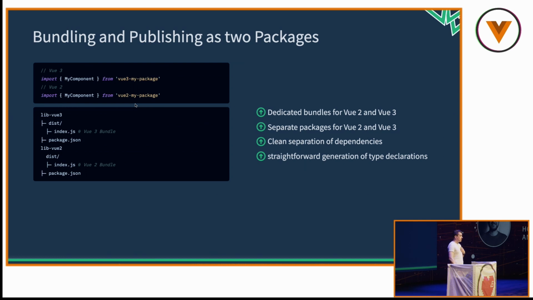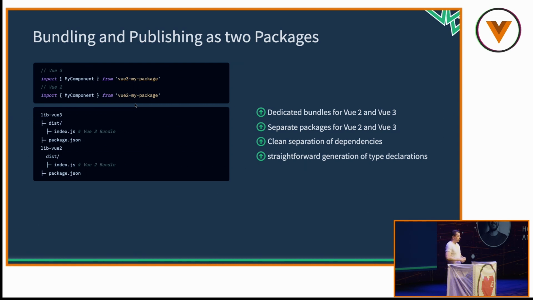And so for us as the author of this library, of this package, we have the lib3 folder, which has a dist folder, and we have a lib2 folder, which has a dist folder, and we run npm publish for these both versions. This means we have dedicated bundles. These dedicated bundles are published in separate packages to npm. We have a clean separation of dependencies. We don't have any mixture of Vue 2 and Vue 3 in the package JSONs.